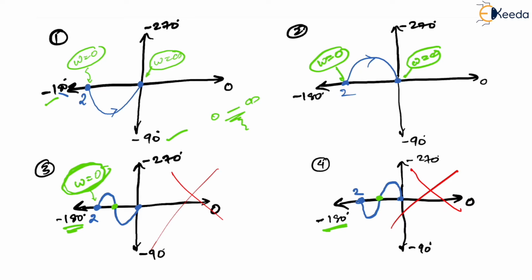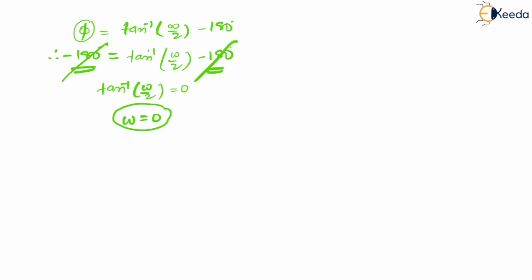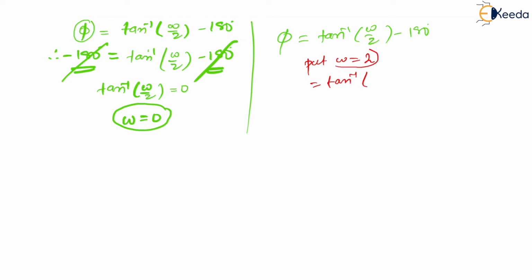So let us do that, right? We already have this phase, which is tan inverse of omega by 2 minus 180 degrees. For simplicity, let me just put omega equal to 2. I have to put any frequency between 0 and infinity and check the angle.